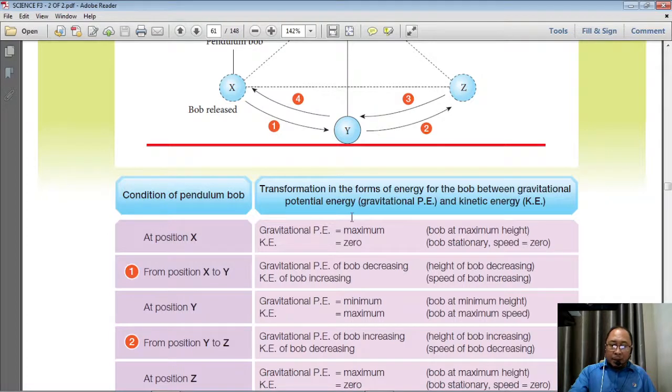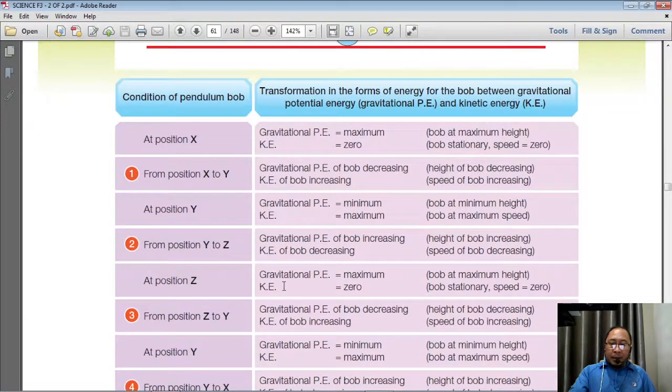So at position Z, the gravitational potential energy is at the maximum, and the kinetic energy is exactly 0, because there is no movement at all. The kinetic energy has been converted to gravitational potential energy.